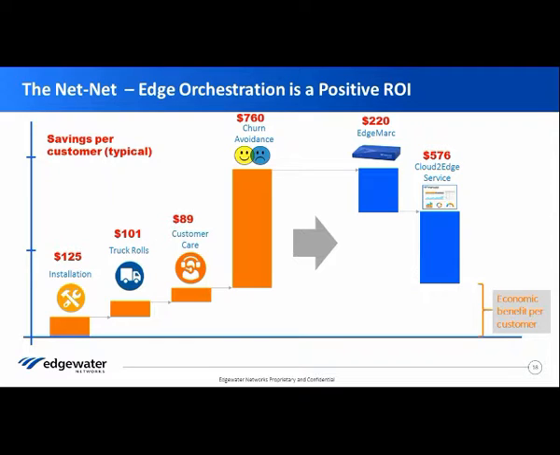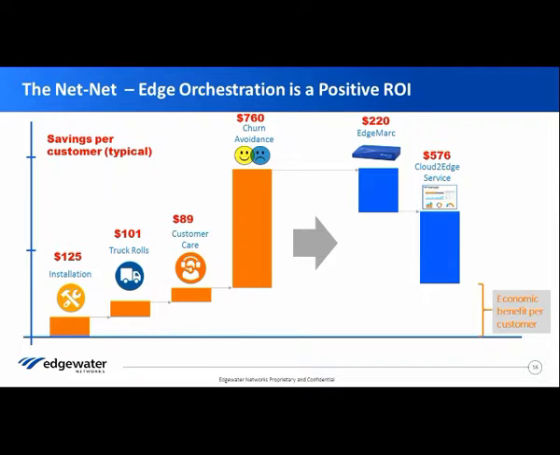You think about the orange bars here on the left-hand side, they're really talking about savings associated with various cost elements. You think about truck rolls, and if you can cut your truck rolls down by 10% over a 36-month period, and by the way, these numbers are on a per customer basis.